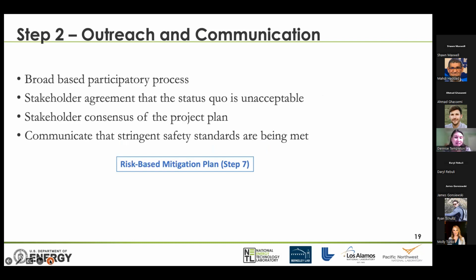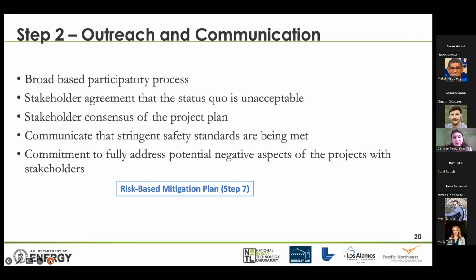Communicate that stringent safety standards are going to be met. And this is the first part where we have some kind of a feedback loop. So we can include things in the risk-based mitigation plan that are important to the stakeholders, either activities or communication styles. All that is going to be site specific.